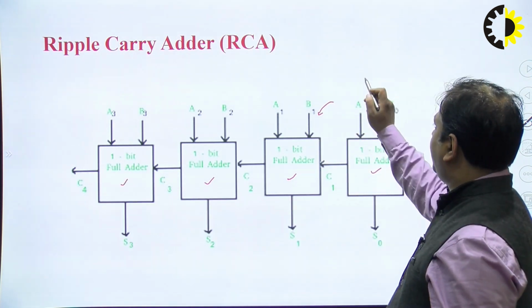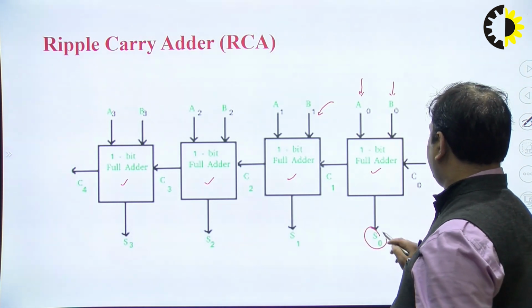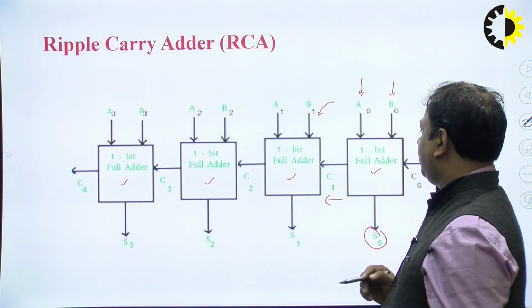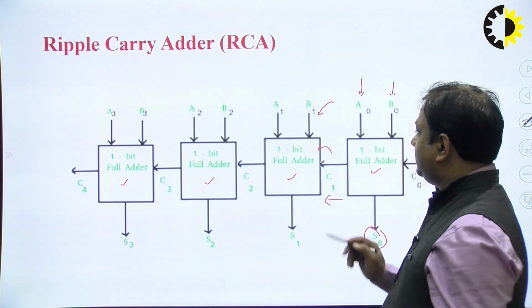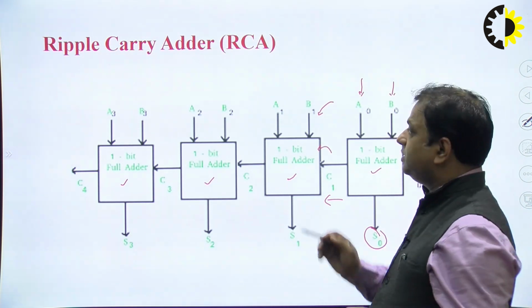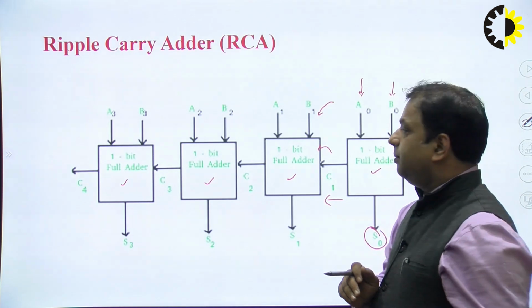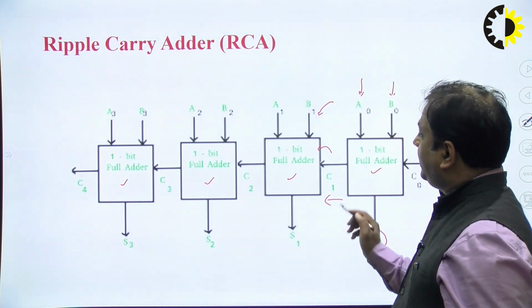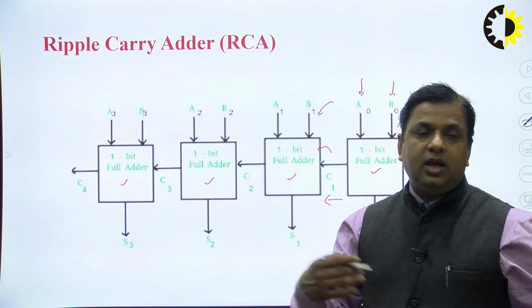It adds bit by bit, that is A0 and B0, and it generates a sum and a carry. The carry is forwarded to the next full adder; that is the purpose of the ripple carry adder. That means the objective of the ripple carry adder is to add 2 bits and forward the carry to the next bit. So it takes time to propagate the carry from one bit addition to the next bit addition.